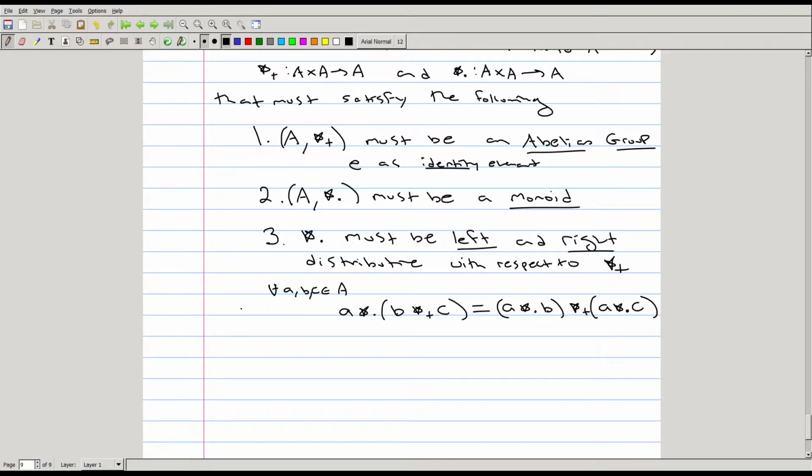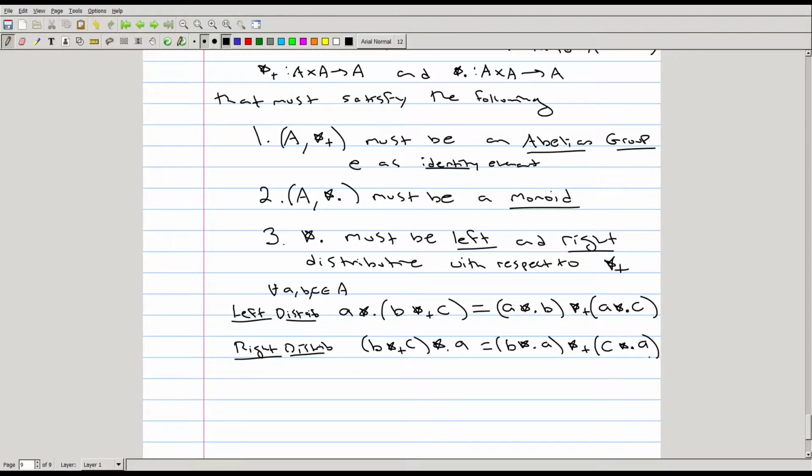This is left distributivity. And right distributivity is going to be that (b star plus c) star dot a has to be equal to (b star dot a) star plus (c star dot a).